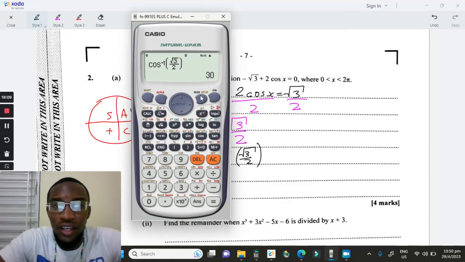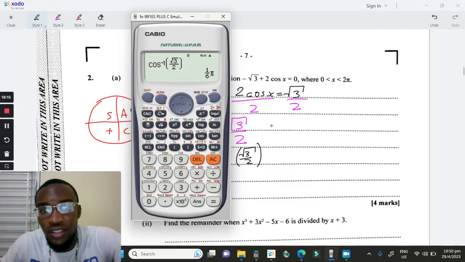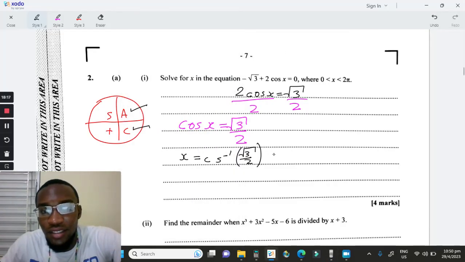You want it in radians, so you change your mode to radian, so we press 4. So what we get is pi over 6, or pi by 6. So x equals pi by 6 is one answer. Now that's the answer for the first quadrant. You have to remember the fourth quadrant is 2 pi minus the first quadrant answer.